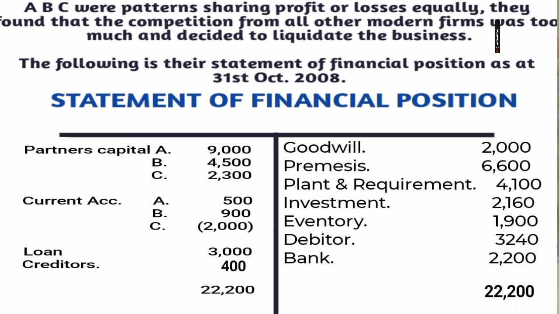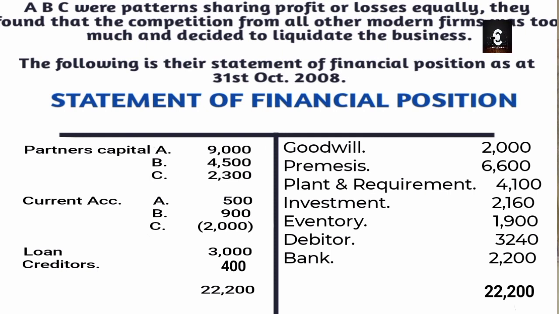A very important thing to look at in this question is the debit side of the trial balance. When you come to the current account balance, you see that C's current account is in brackets, which means that C is the partner that is deficient.